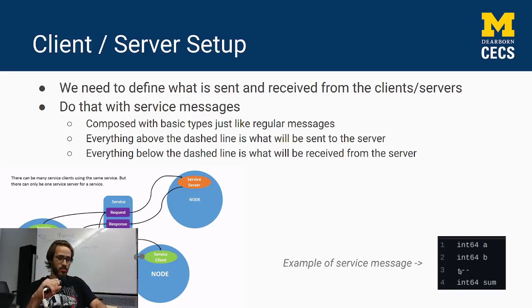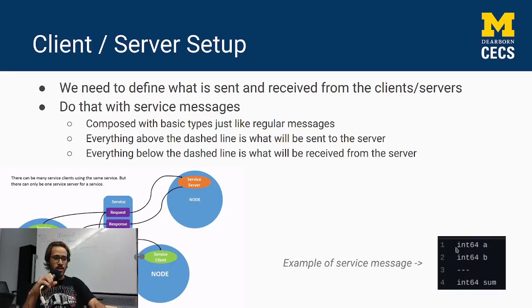So as we can see at the bottom here, we have these little dashes. So this one file will define both the request message and the response message. So for example, if I wanted to have a service that adds two numbers given by the client, so the client sends two numbers to another node, and then the node will send back the addition of those two numbers, we can define here these two, everything above the dashed line is what's going to be in the request message.